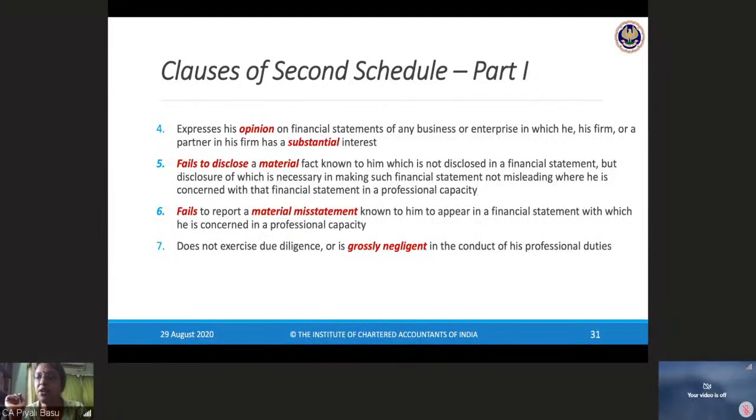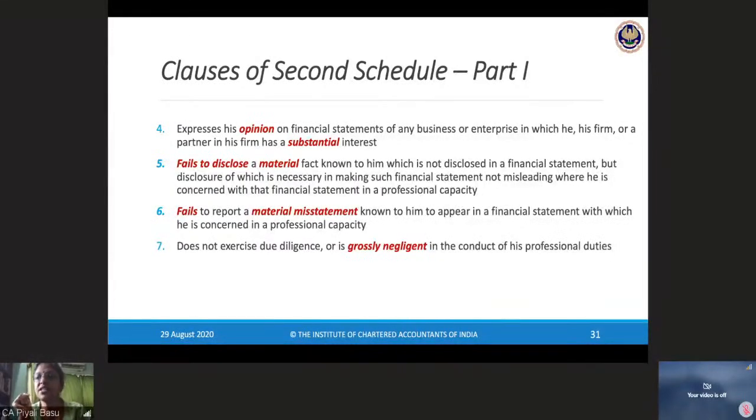Those kinds of things cannot be written. Okay? So we have to use our knowledge and do the work diligently, so that it should not be termed as being guilty of gross negligence. Okay, that is important for us to remember.